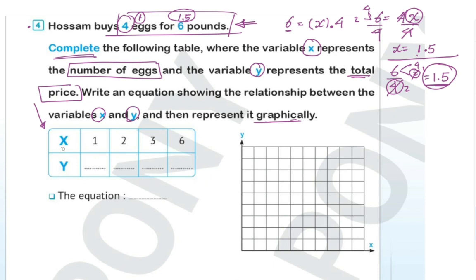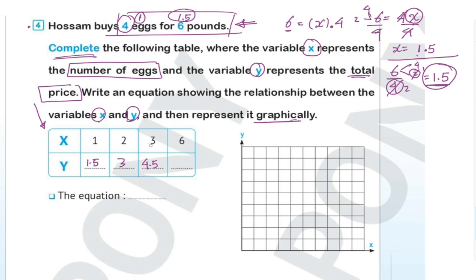Okay, but that means if I buy one egg, I will pay 1.5. If I buy 2 eggs, I will pay 2 times the price of 1 egg. 2 by 1.5 means 3. If I buy 3, I will pay what? 3 by 1.5 equals 4.5, because 3 by 1 equals 3, and 3 by 0.5 equals 1.5.